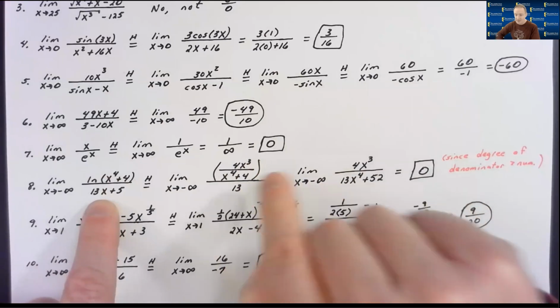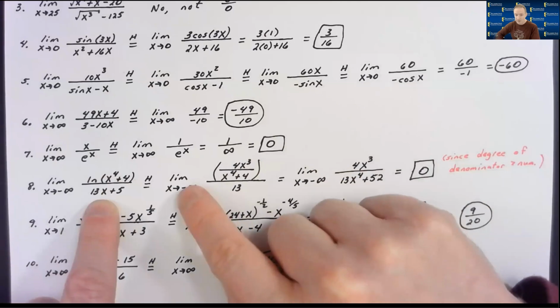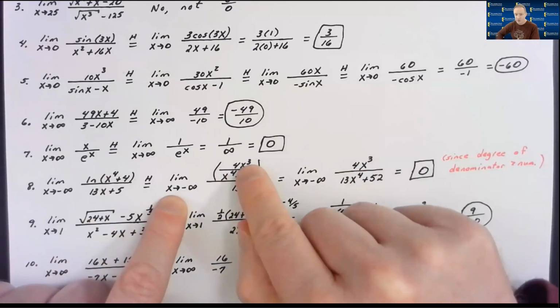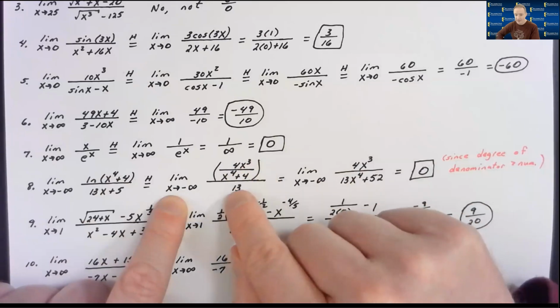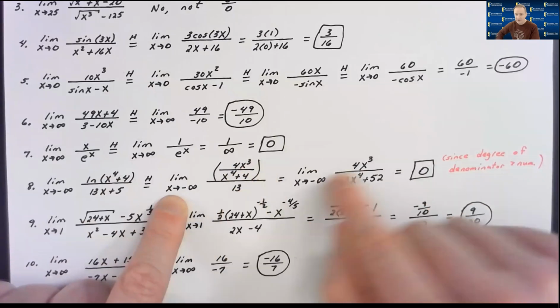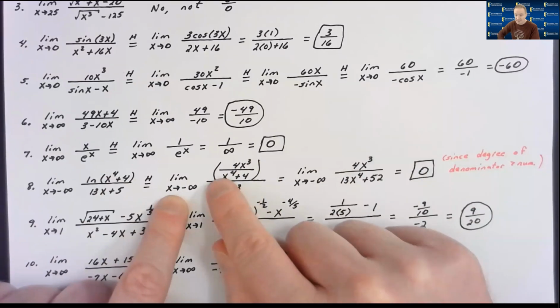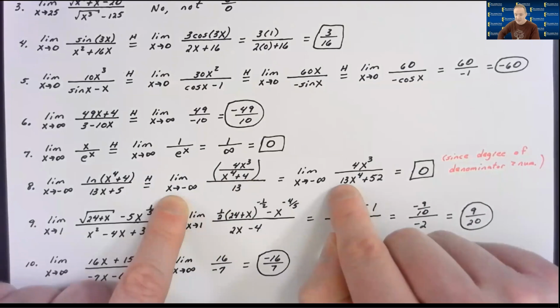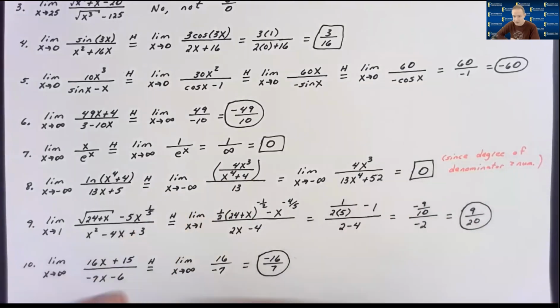Now, from this step to this step, please notice I'm not using L'Hopital again. I'm just rewriting. If I have a 4x cubed divided by this group and divided by this group, then I have 4x cubed divided by 13 times this binomial. I went ahead and distributed and had 13x to the fourth plus 52 down there.